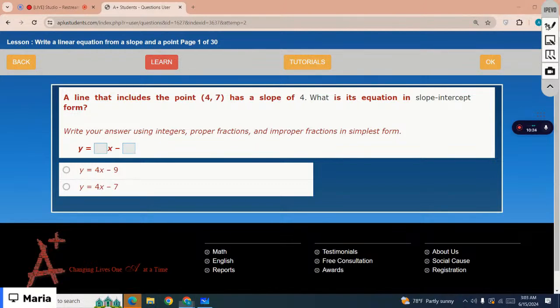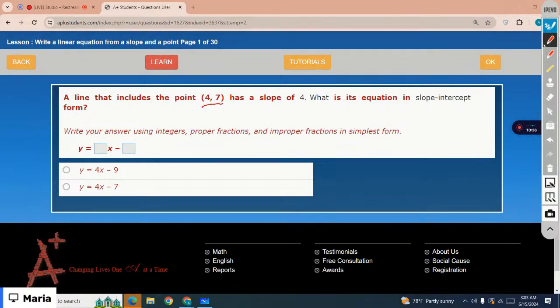So you are given a point that is 4, 7 and a slope that is 4. Use the equation y equals mx plus b and solve for b. Because you have y, you have x that is 4, y that is 7. Just put all the values in the equation. Y is 7, slope m is 4, and x is also 4, and plus we just solve it for b, right? That is 7. 4 times 4 is 16.